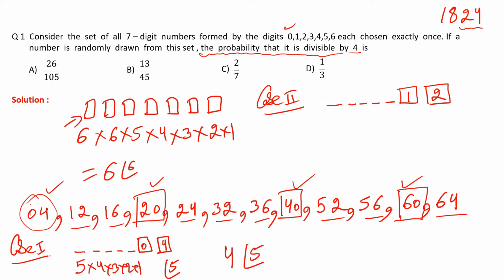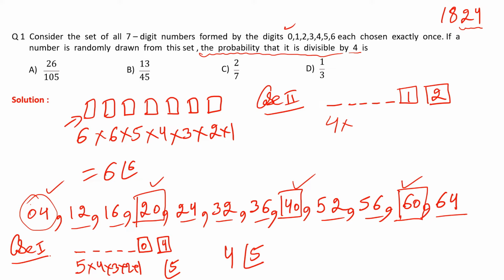Now the first place cannot be filled by 0 means the first place can be filled in how many ways? I cannot fill 1 and 2, I cannot fill it by 0. So that means now I'm just left with 4 numbers, right? But in the second place, now I can fill it by 0.